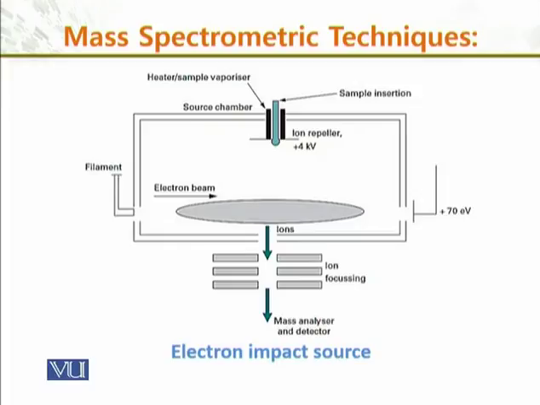There is ion focusing by strong magnets around, and the mass analysis detector detects the different molecules, the different weights of the different molecules. So in a nutshell, the electron impact source is depicted in this diagram, showing how it is carried out in mass spectroscopy.